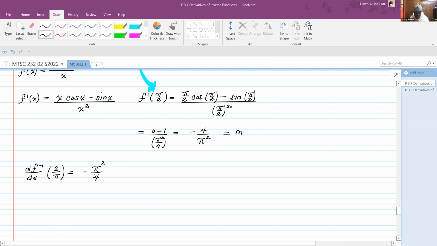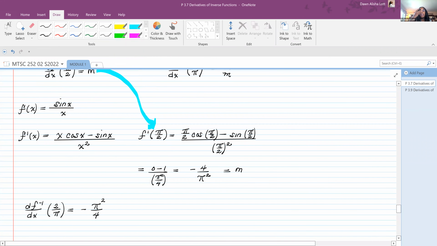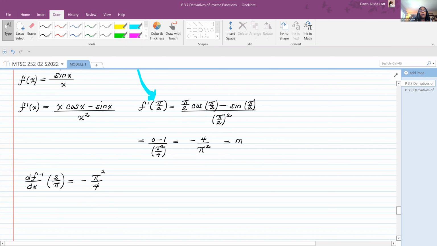So that negative 4 over pi squared, you did the reciprocal to get that? Yes, because remember, this was already negative 1 over pi squared over 4. Because it's in the denominator, you have to flip it. When you divide by a fraction, you multiply by its reciprocal, so you get negative 4 over pi squared, but that's m.